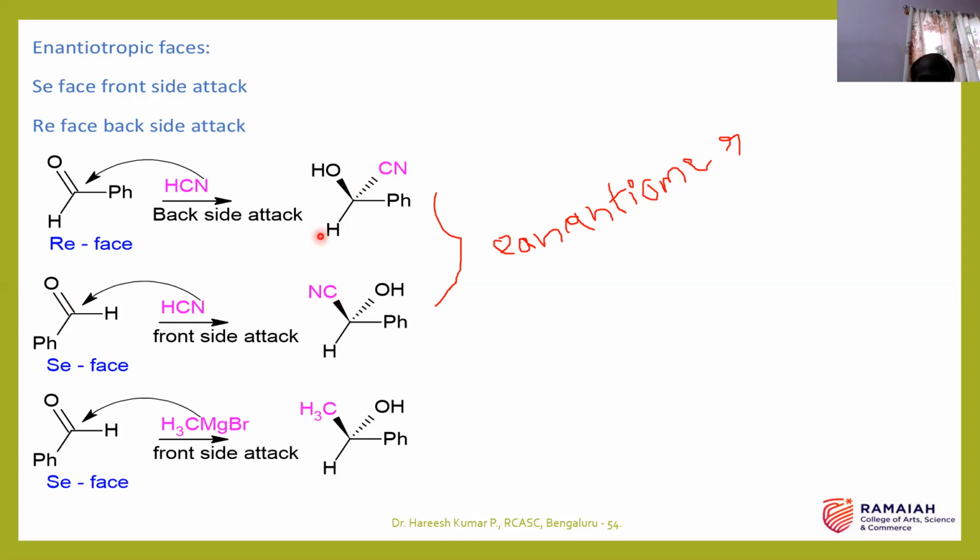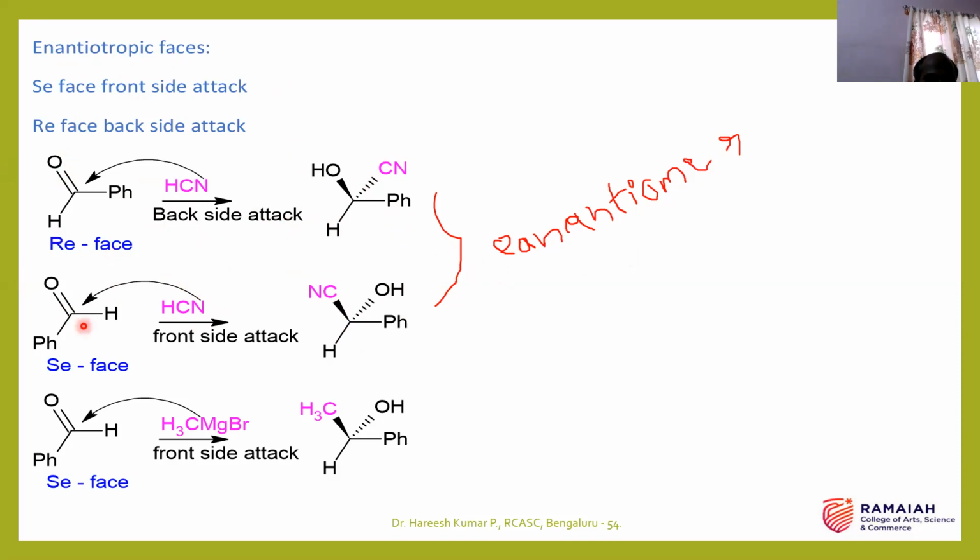And you can observe that the two products obtained are enantiomers. So that is the reason it's called enantiotopic phases. So if asked to explain enantiotopic phases with an example, you can take these two examples and treat with a nucleophile, and you will end up with enantiomers. That's what you need to mention.